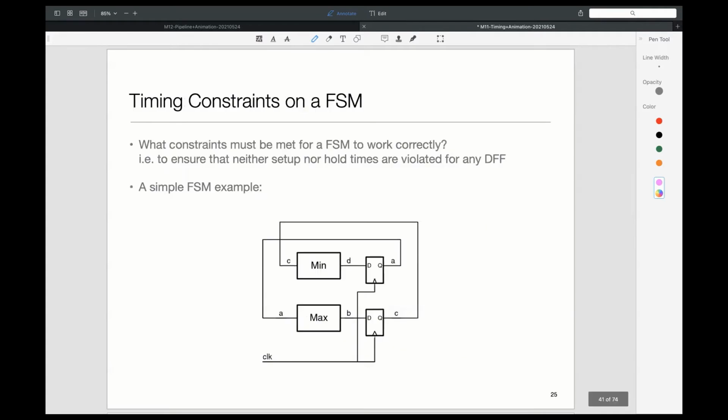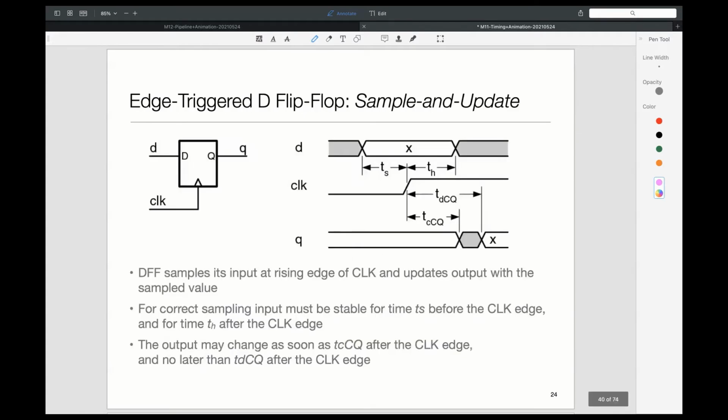Those are the four parameters. So TS is setup, TH is hold, and you can think of this one as contamination, and this one as propagation.